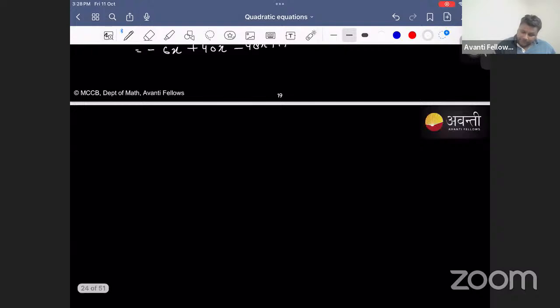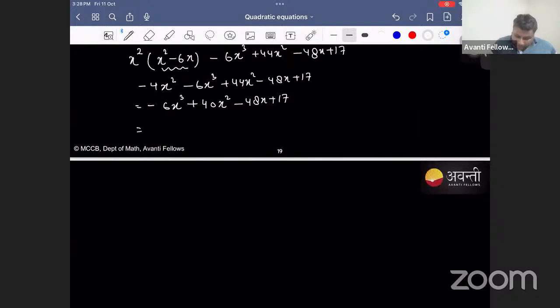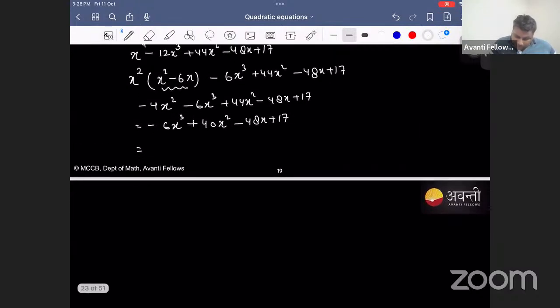Got it? Take minus 6x common here. You can write (x square minus 6x). Yes or no? What we are left with?